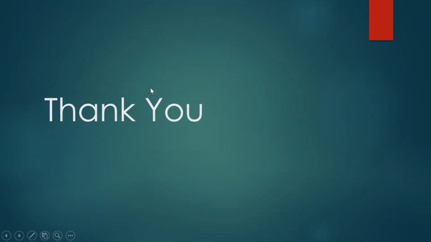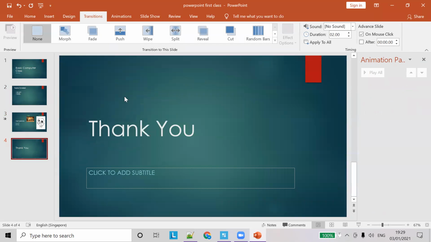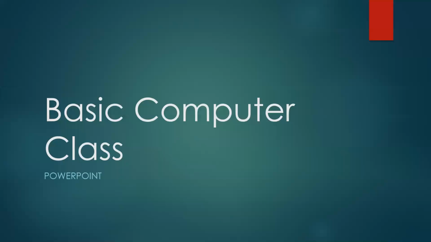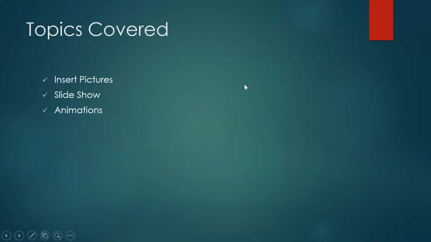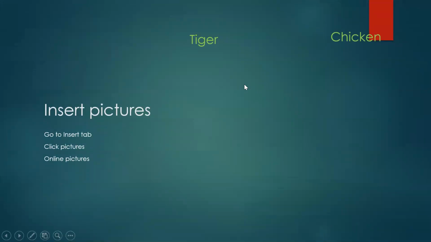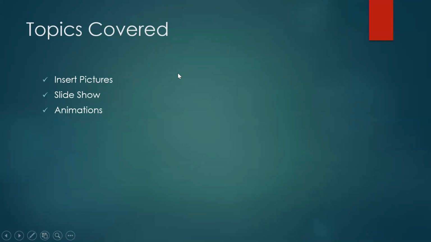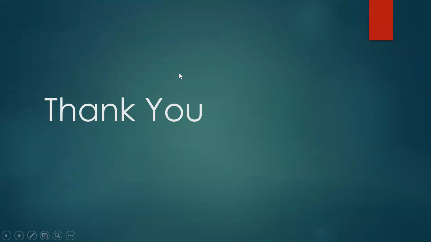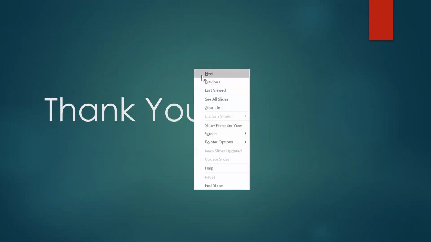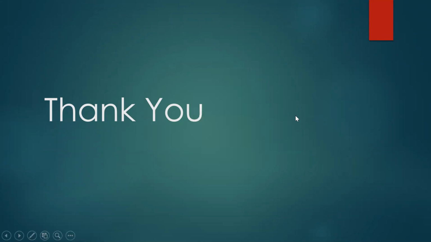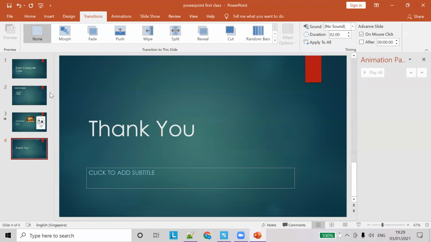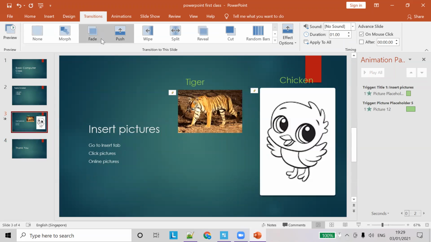So when I click on this one, if you see previous, it moves from bottom to top. So this is one transition. We have applied the transition for only one slide, so we may push for this slide alone.